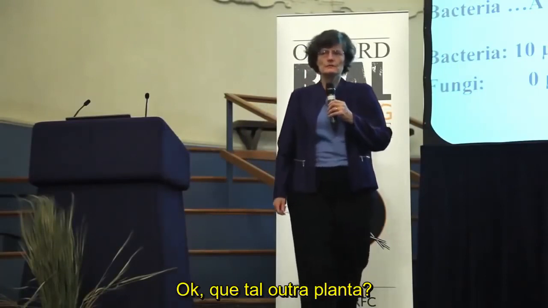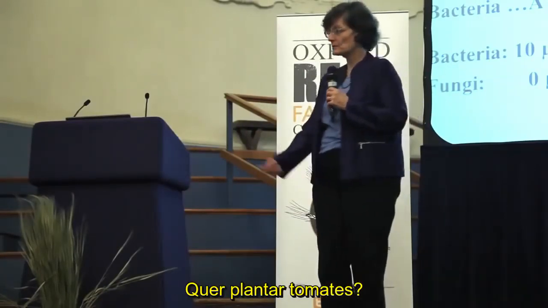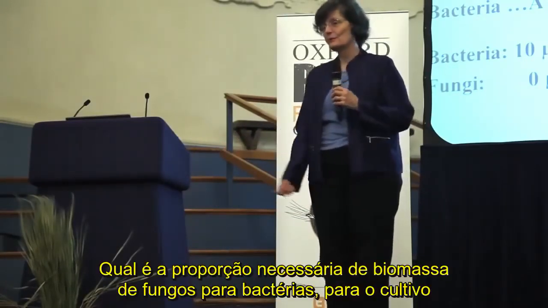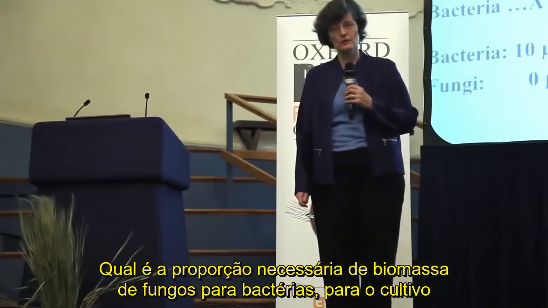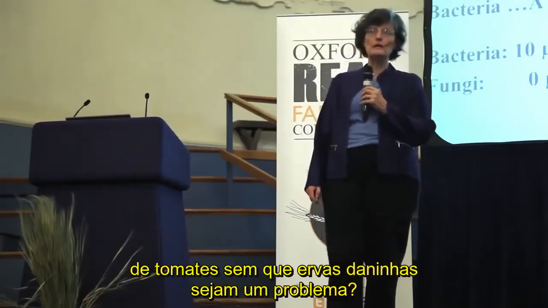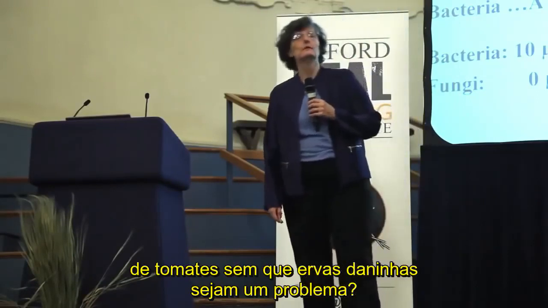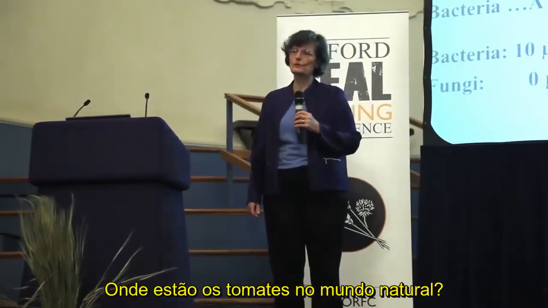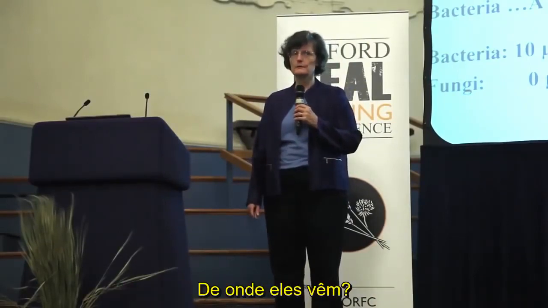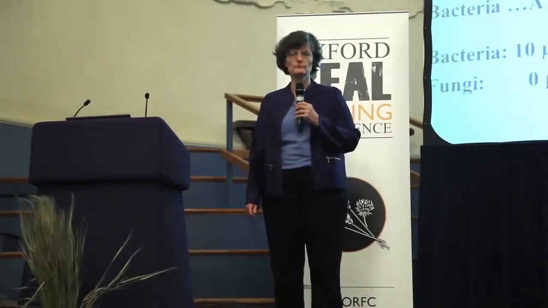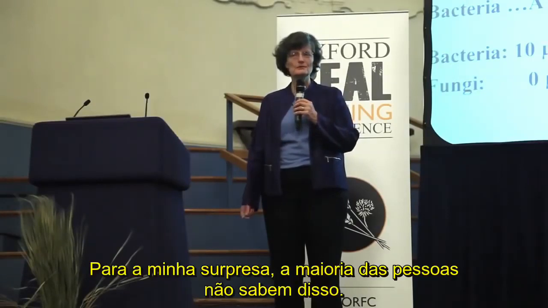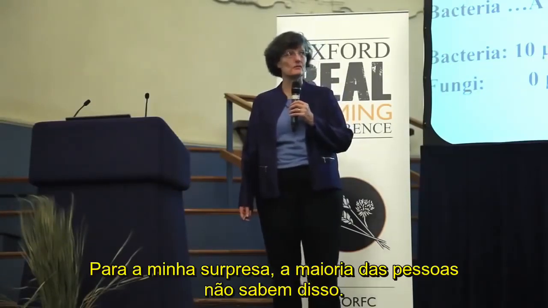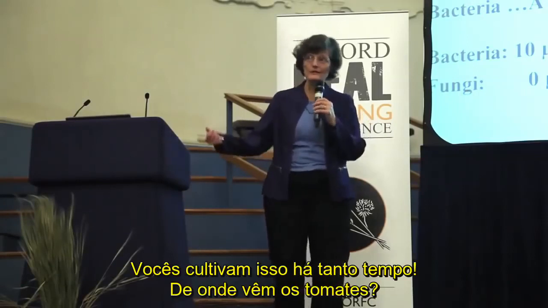Okay, so what's another plant that you'd like to grow? You want to grow tomatoes? What's the fungal to bacterial biomass ratio so that you can grow tomatoes where weeds are not going to be a problem? Diseases, pests, all of that. Where do tomatoes occur in the real world? Well, where did tomatoes come from? See, most people don't know this, which is kind of amazing to me.